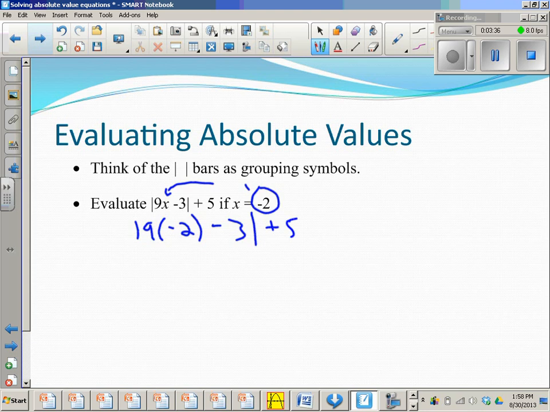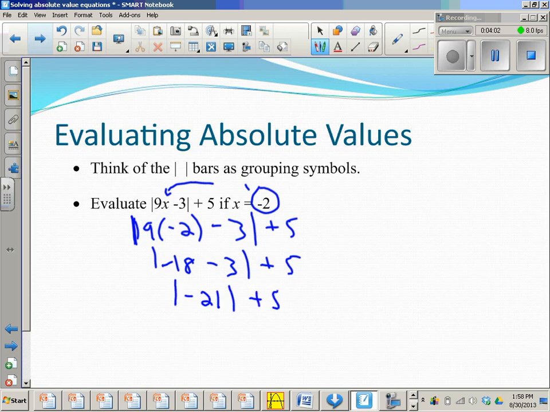Treat these bars just as you would treat parentheses. So we go inside the parentheses, or in this case, go inside the bars. We're going to do 9 times negative 2, and we're going to subtract: negative 18 minus 3.